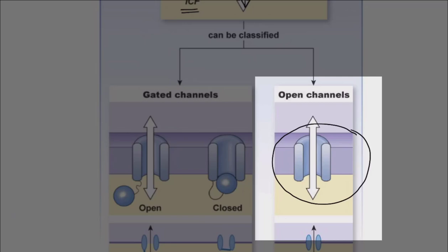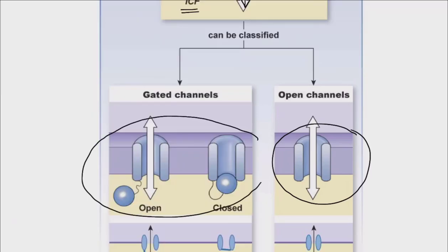But channel proteins can be open all the time, or they can actually have kind of like a flap on them. So here it looks like a ball and chain, like old school jail. I almost think of these like the lid of a garbage can, and the lid can open and close respectively.